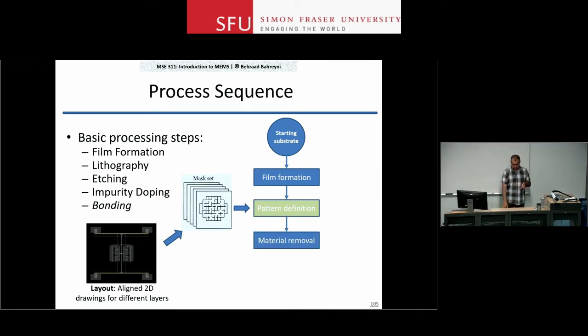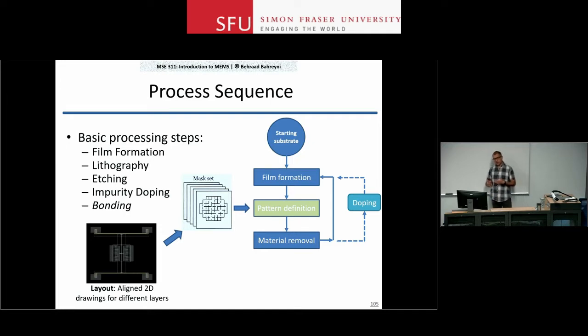The step after that is material removal. We go through this sequence many, many times depending on the process. Microelectronic processes are usually a bit more complicated, so you may go through this maybe 20, 30, 40, 50 times. MEMS processes tend to be more simple, and therefore you only go through this maybe 5 times or up to 10 times.